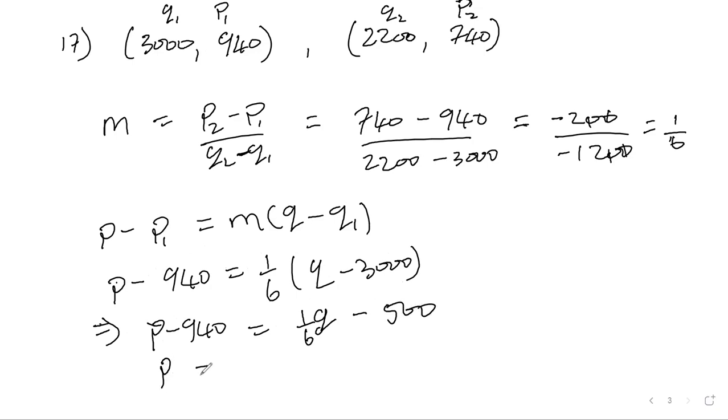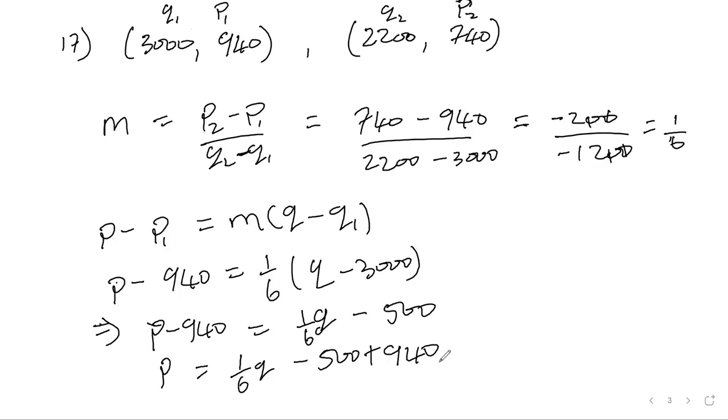So P equals 1 over 6 Q minus 500 plus 940, that is P equals 1 over 6 Q plus 440, since 940 minus 500 is 440.